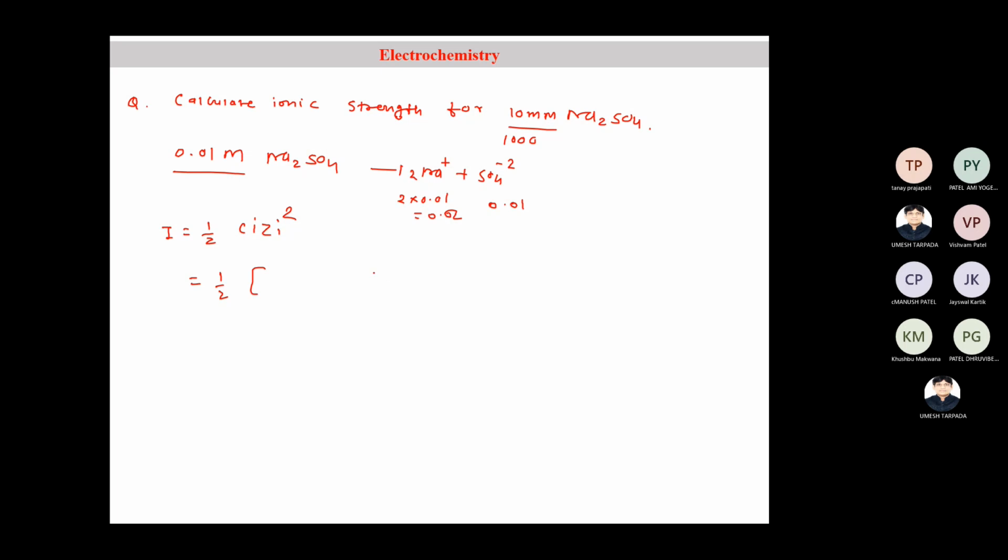The charge on Na plus is 1, so 1 squared into Ci, its concentration 0.02, so it's 0.02. Plus the summation, sigma Ci Zi square, where Zi is the charge -2 of SO4, squared, plus its concentration 0.01.